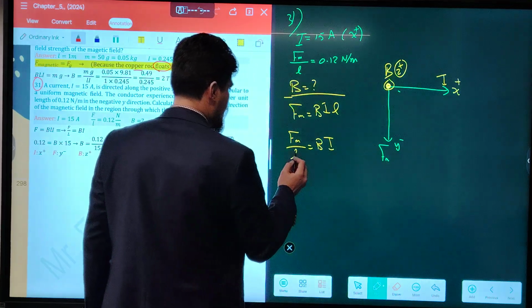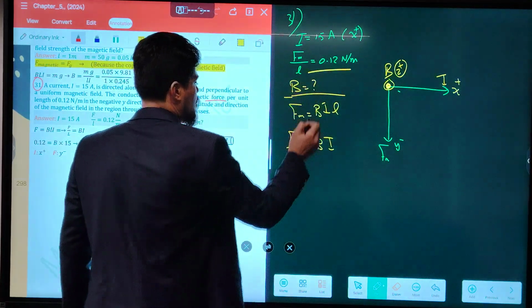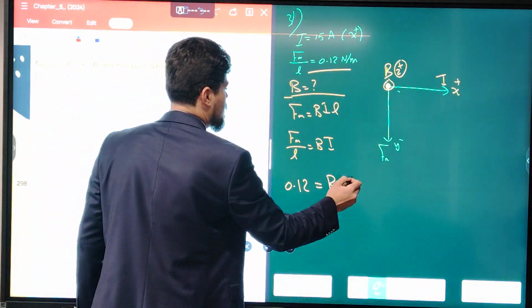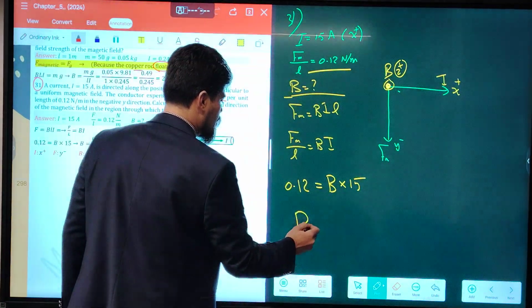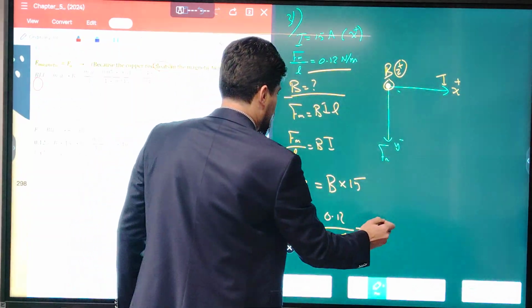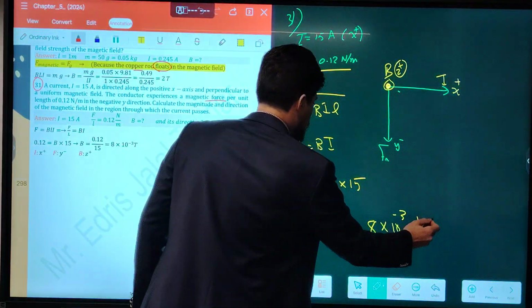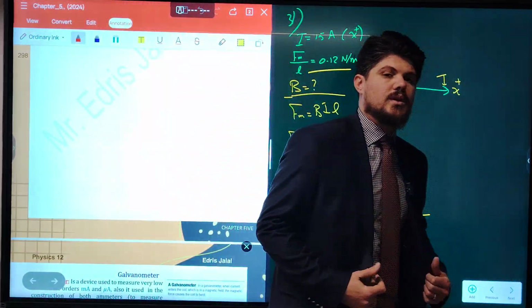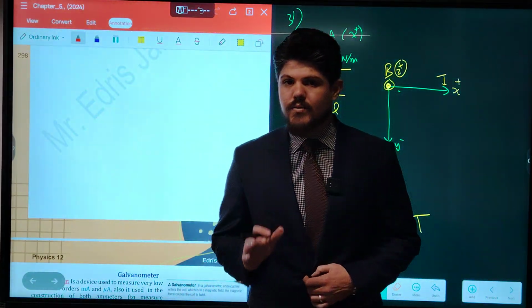Of course, 0.12. Do we have the magnetic field? No. Do we have the current? Yes. B is equal to 0.12 divided by 15, which is 8 times 10 to the power negative 3 Tesla. In this way you can determine the magnitude and direction of the magnetic field.